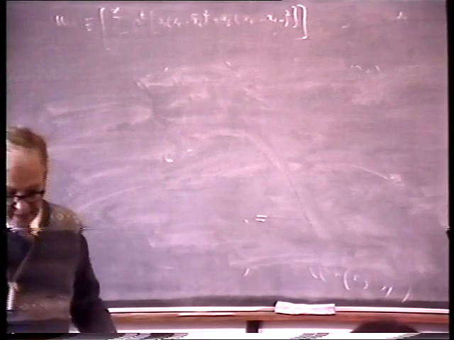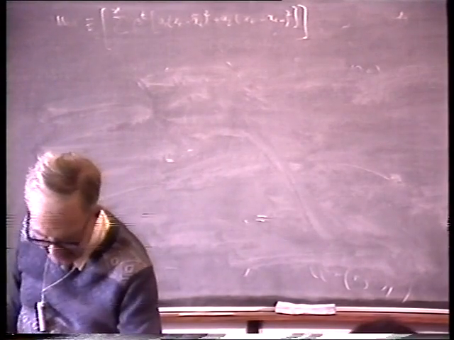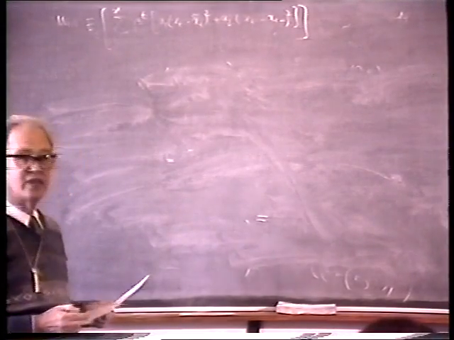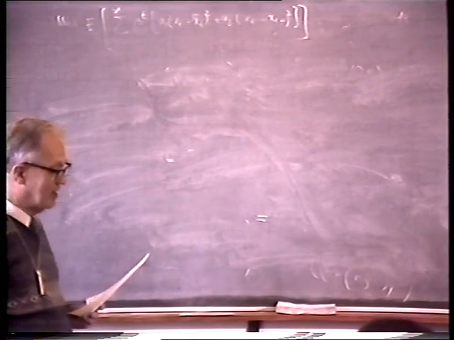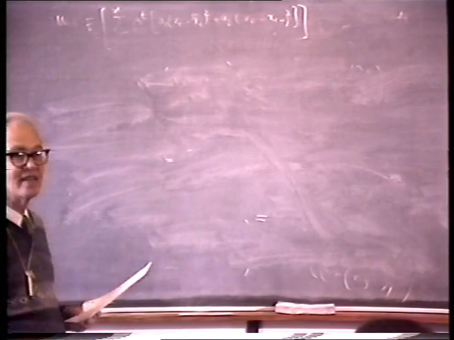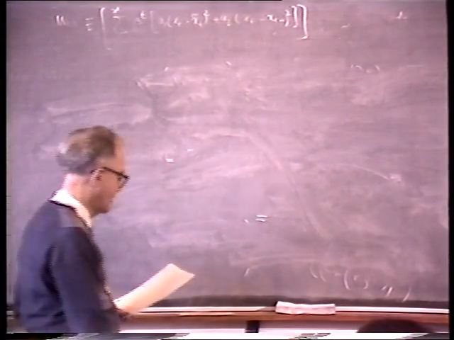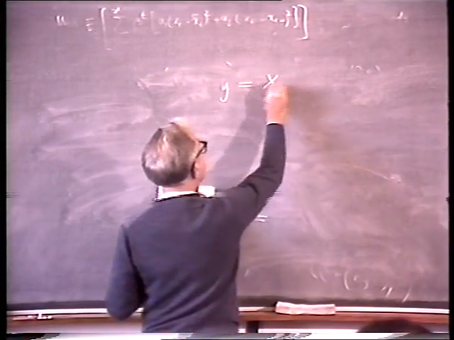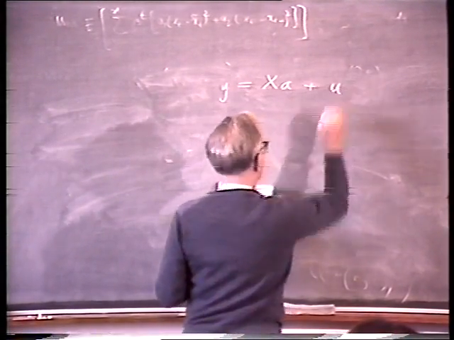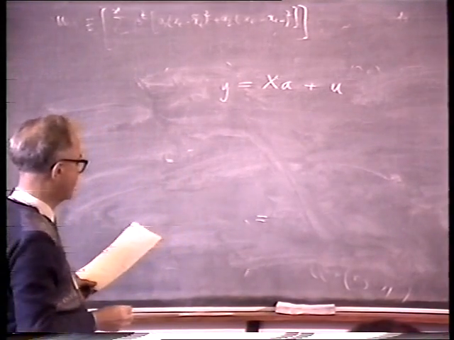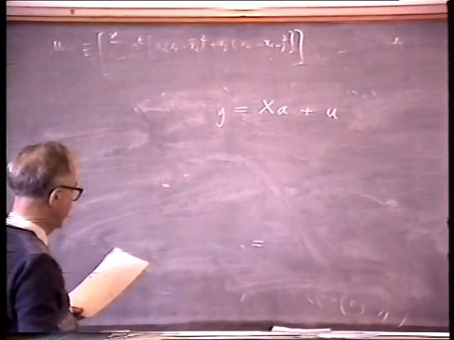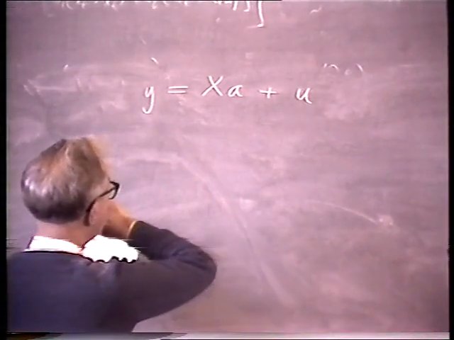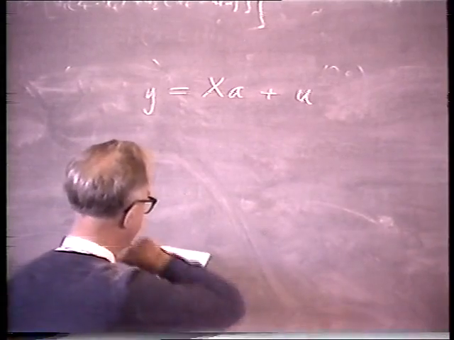Well, so let's take my example. The example is drawn from this paper of mine, and so rather naturally I'm using the same notation. It's not really the same as Nagar's notation, but the ideas involved are very much the same. We're taking a case where we're estimating by instrumental variables, so we have an equation y equals xa plus u.